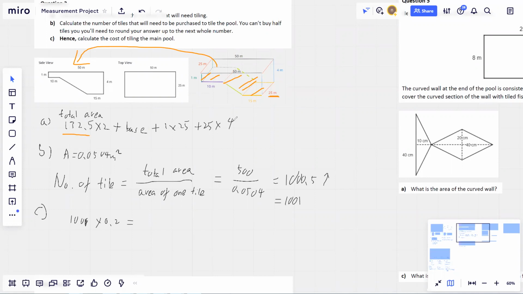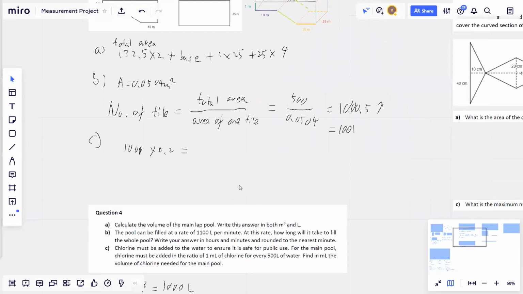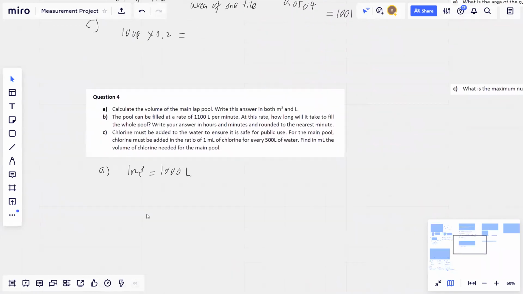So let's write it. Volume, we use V for volume.